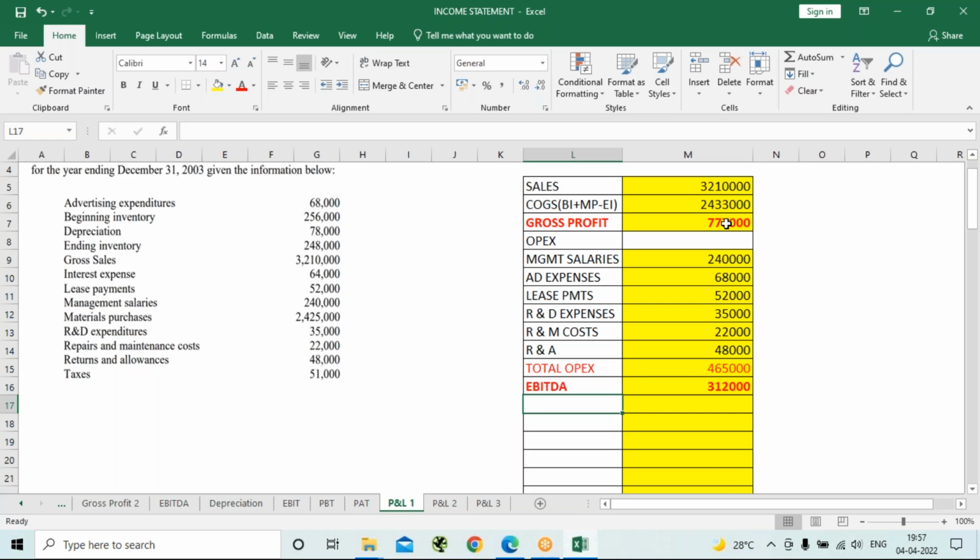Sir, minus depreciation. Good. So we have to calculate with depreciation. Value is 78,000 and this will bring us the EBIT value, that is 312 minus 78,000.